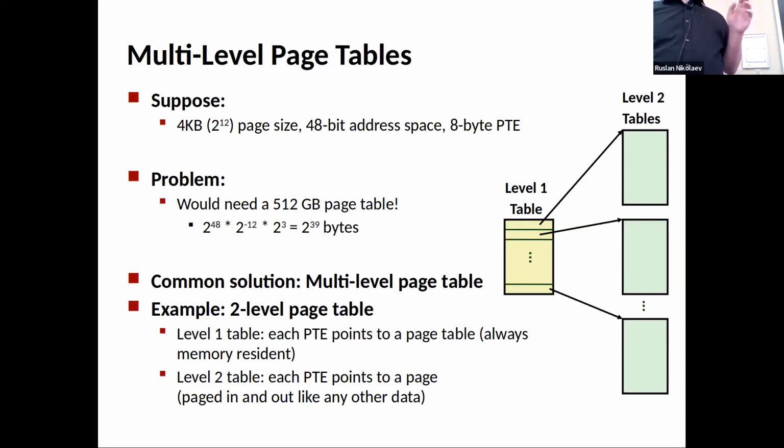I still am going to waste one page for level 2 because I cannot allocate half of a page. And then for level 1 translation, I also need one page because it has to point to level 2. So I'm going to spend 8 kilobytes for that hello world program, for 2 pages.